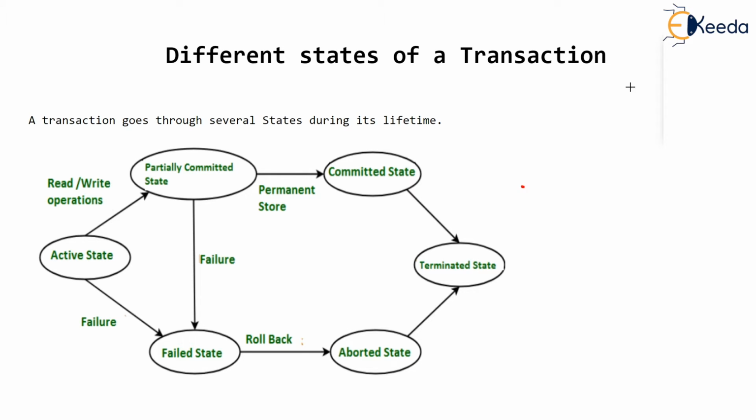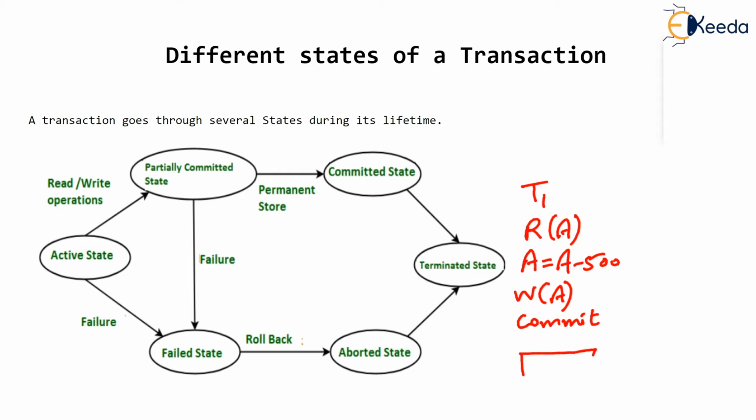We have that same transaction where A is read, A is decreased by 500, and write A. And the last statement obviously is commit. Now this is the local buffer of T1 where it has nothing stored right now. We have the data store in which A currently is 1000.